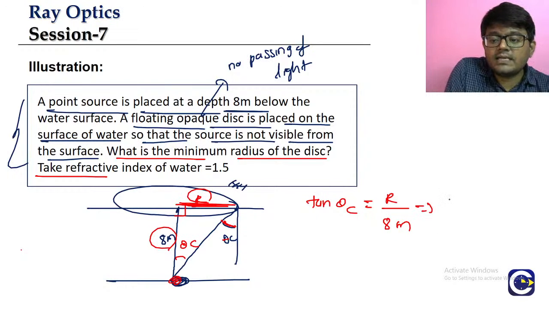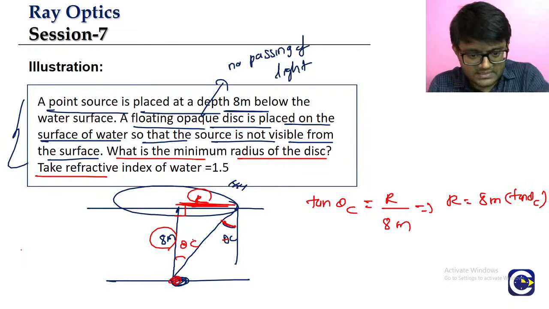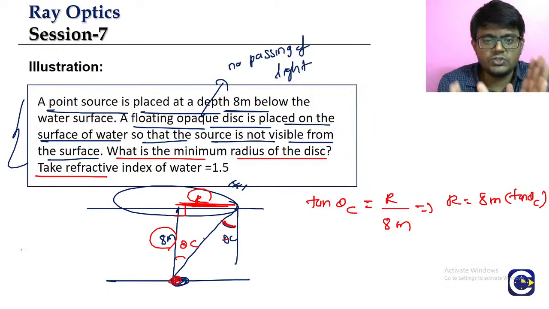So from here, what is the R value? 8 meters into tan theta critical. Just a trigonometric relation based on geometry, we have a right angle triangle here. Tan theta critical is opposite, which is R, the radius of the minimum disk that you require, divided by adjacent, which is 8 meters.